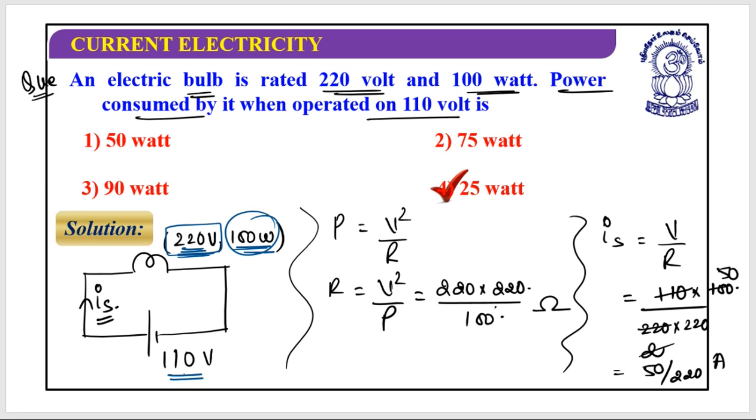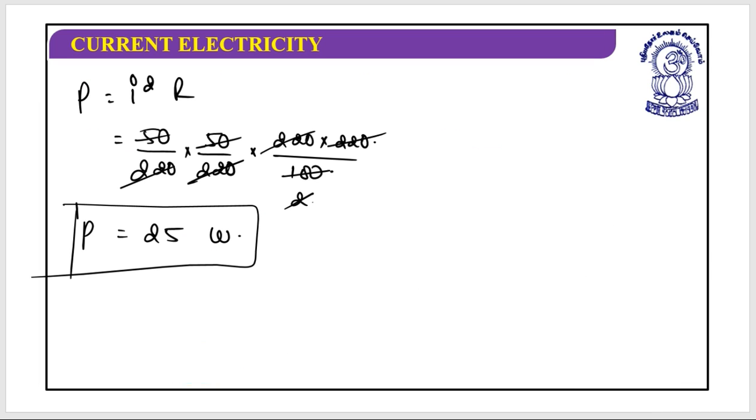But does it give the maximum amount of light energy that it is capable of? No, it does not. Why? Because you are providing a lesser voltage. This bulb is made to produce a power of 100 watt. If you connect it to a lesser source, it can provide only a power lesser than this.